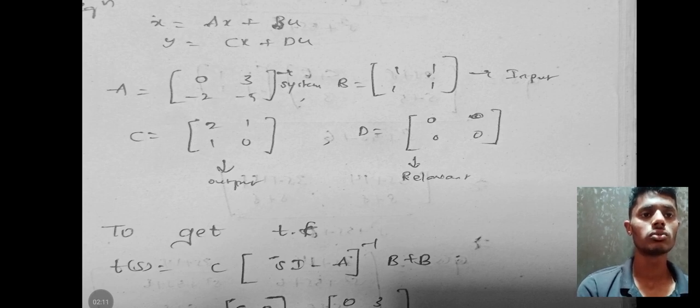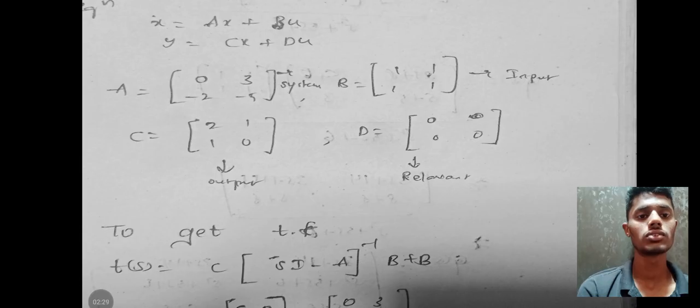B is equal to 1 1 1 1, this is the input matrix. C is equal to 2 1 1 0, this is the output matrix. D is equal to 0 0 0 0, a null matrix. The value of D is not available, so we consider D equal to 0.